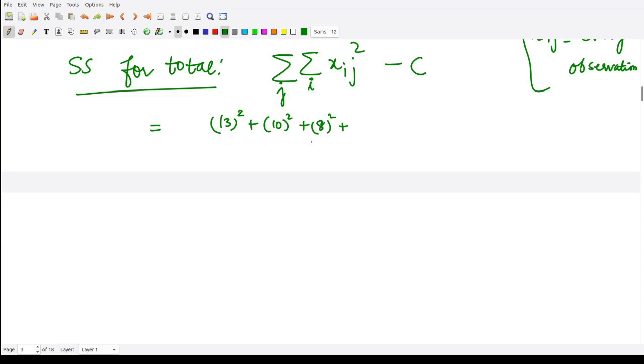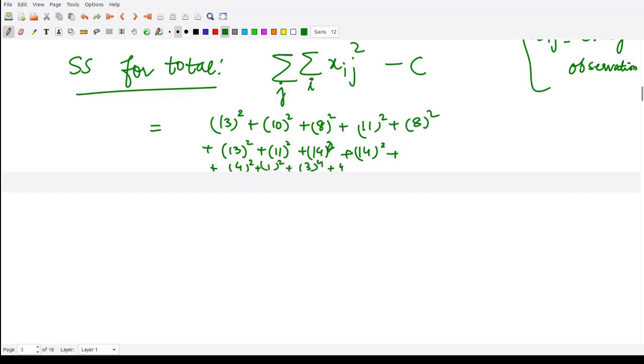So we have 13 square plus 10 square plus 8 square plus 11 square plus 8 square. This is for formula first. For second formula we have 13 square plus 11 square plus 14 square plus 14 square plus, for the third formula we have 4 square plus 1 square plus 3 square plus 4 square plus 2 square plus 4 square and minus c.